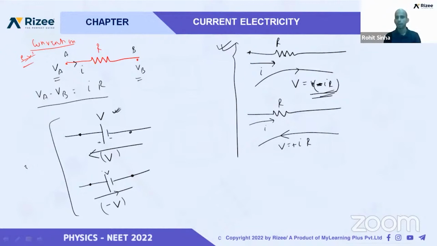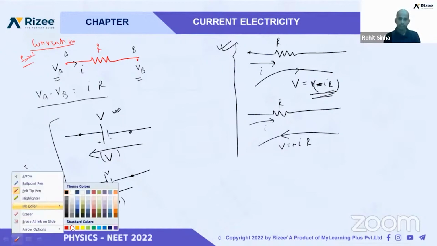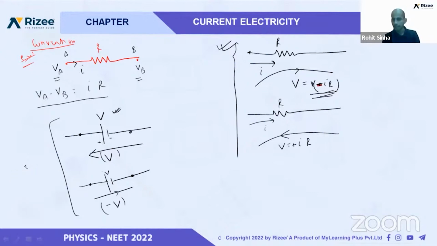One question you might be thinking: sir, why are you taking minus IR here? It is not necessary, but as I told you earlier, this is VA and this is VB. Current is flowing from here, which means VA is greater than VB.